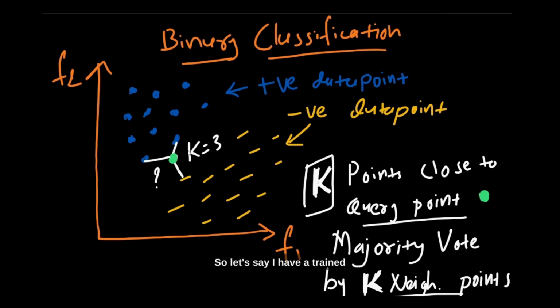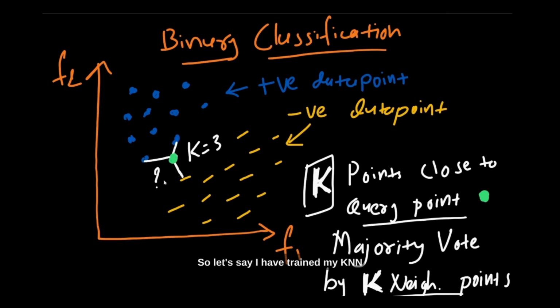Here the green point is my query point, and I want to classify it and find whether it belongs to the positive class or the negative class.